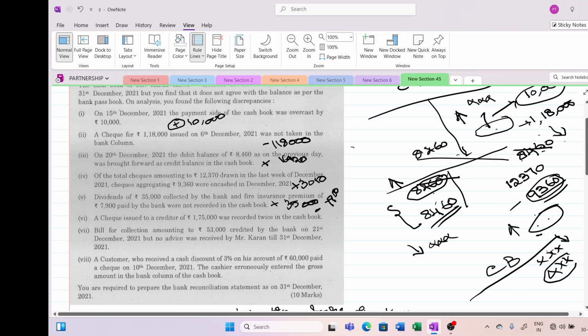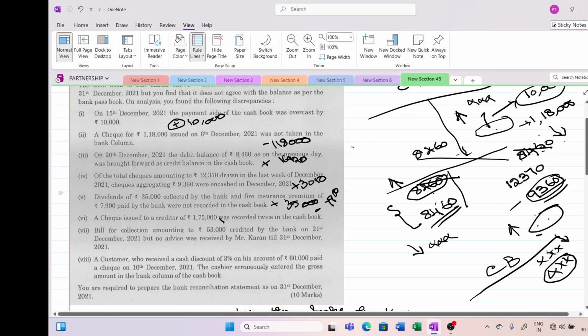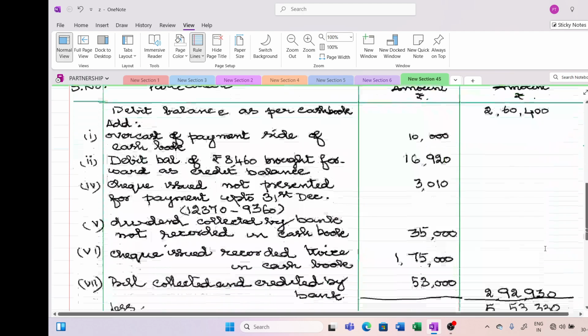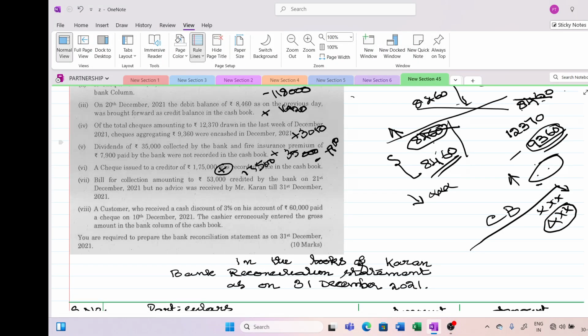So you have reduced to this extent extra. But it is not the case in bank statement. So you have to add back this 1,75,000 in your bank reconciliation. Okay, see here we have added 1,75,000.